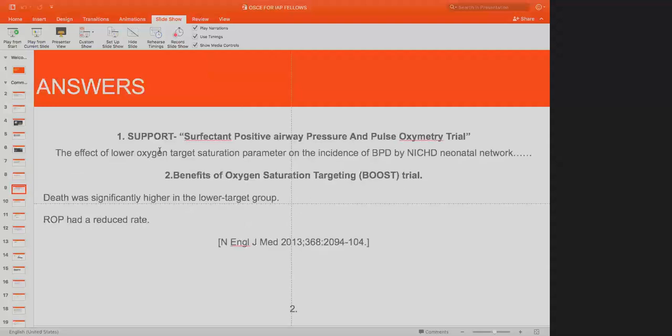So SUPPORT trial is the Surfactant Positive Airway Pressure and Pulse Oximetry Trial.